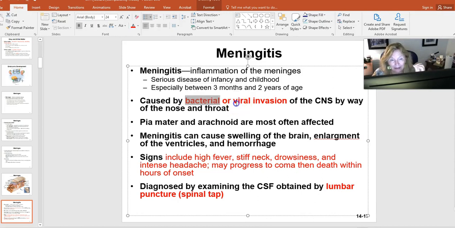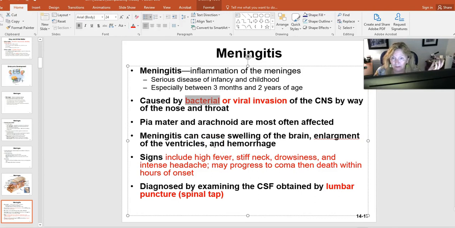And the reason I say viral is good news is because viral meningitis has a much lower mortality rate, meaning that many fewer die from viral meningitis than do from bacterial meningitis, which is much deadlier. Fungal meningitis and protozoal meningitis, game over.